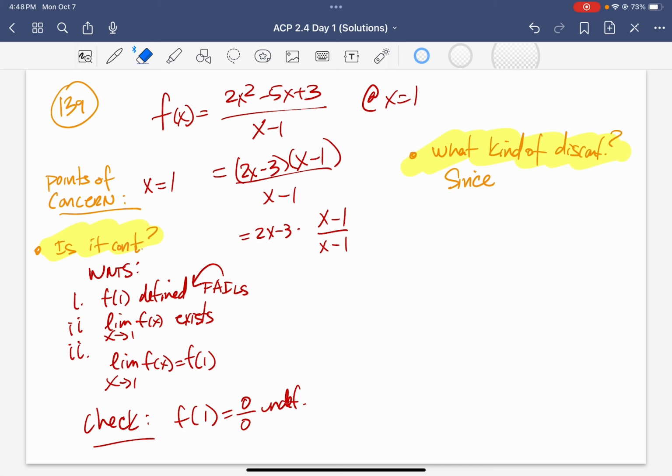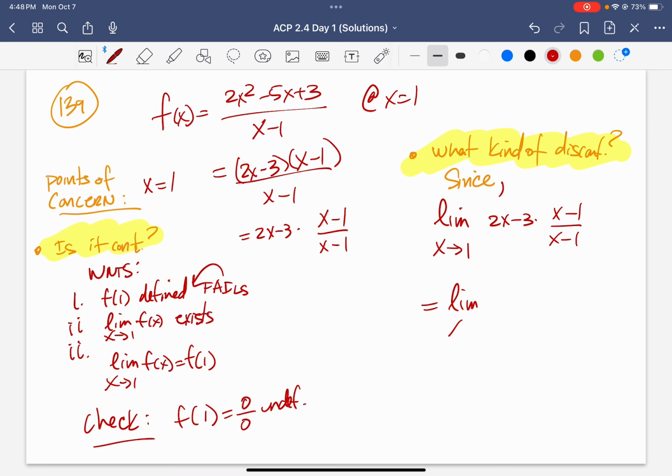And then what kind of discontinuity is it? I think what you can see is the limit as x goes to 1 of my function is the same as the limit as x goes to 1 of this. Well, I can let this go away. And now when you plug in 1, you get negative 1.